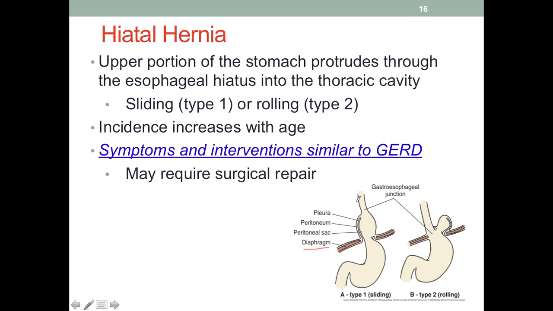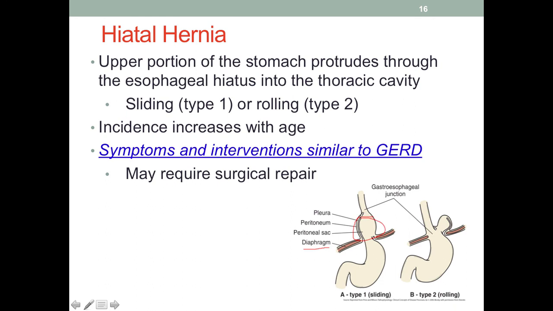When something happens, such as heavy lifting, violent coughing or sneezing, or even vomiting, this can cause the upper portion of the stomach to protrude through the esophageal hiatus in the thoracic cavity. So this part moves up.